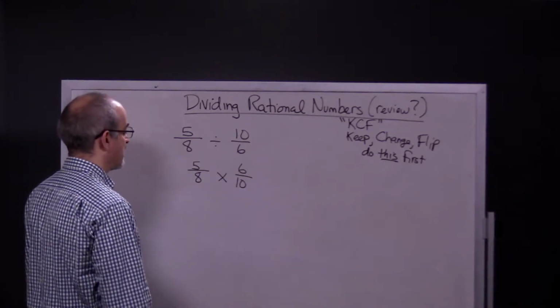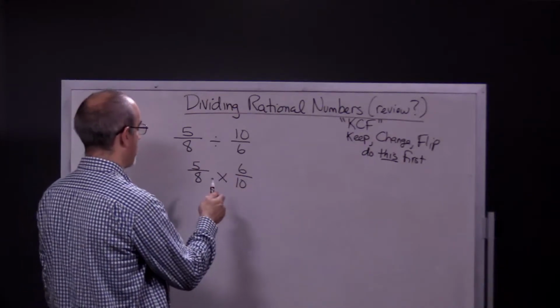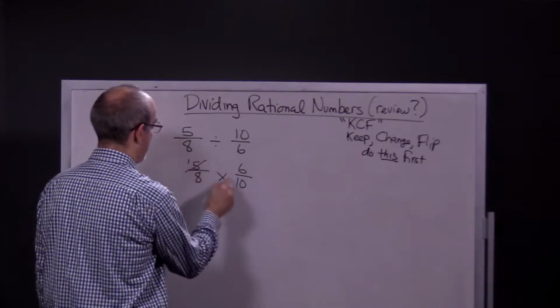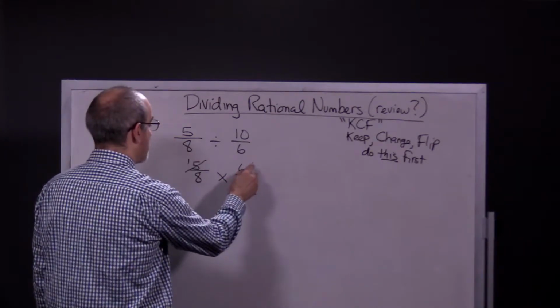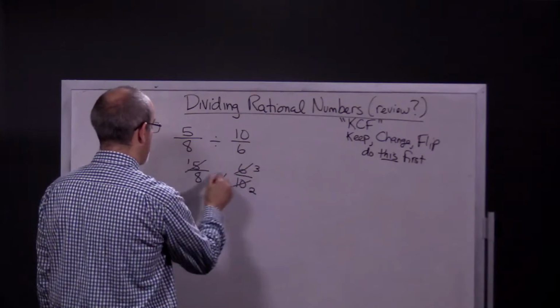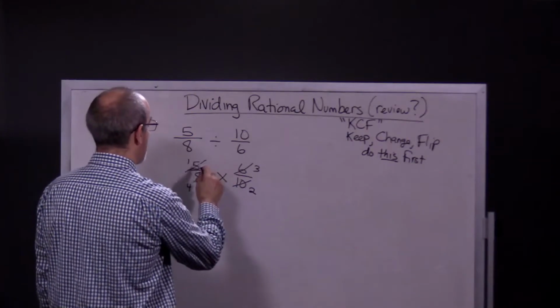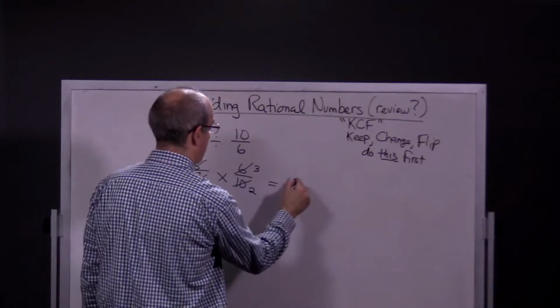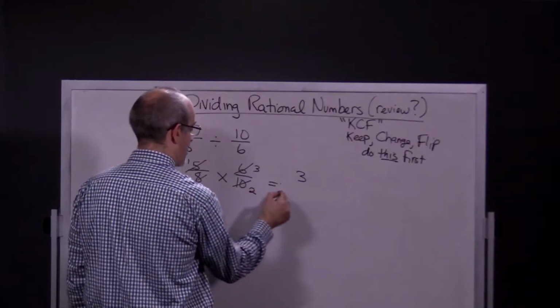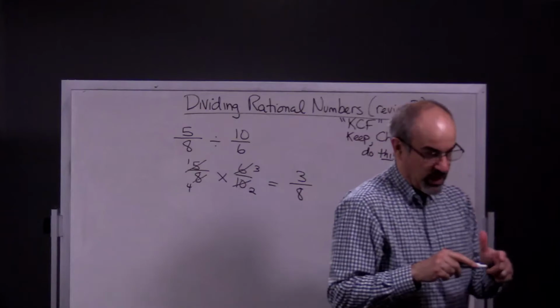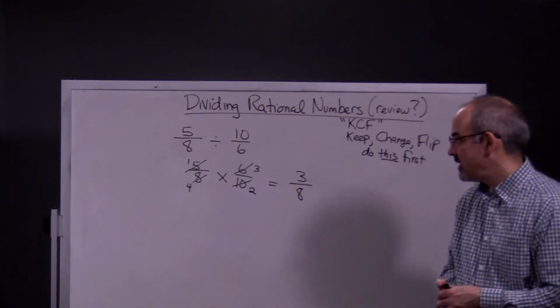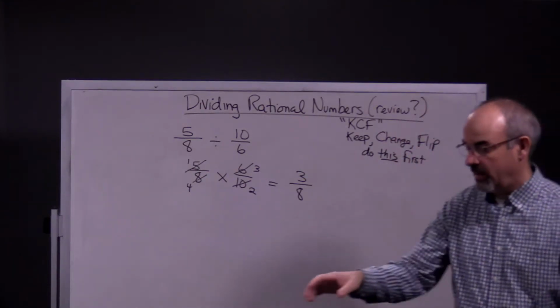Now if there's things I can cancel out, I'll cancel them out. 5 goes into 5 one time, 5 goes into 10 twice. 2 goes into this number 3 times, 2 goes into this 4 times. So now you multiply 1 times 3 and 4 times 2. So 5 over 8 divided by 10 over 6 is 3 over 8.